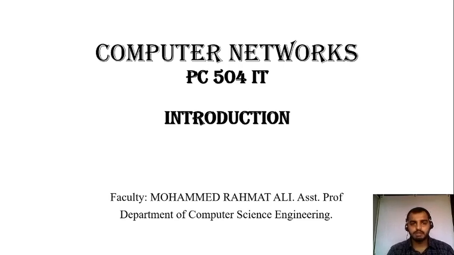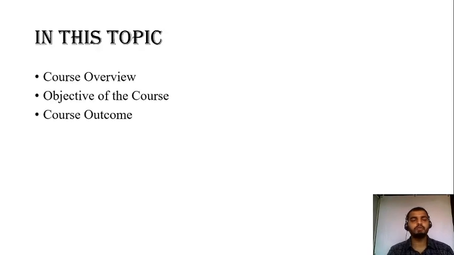Now coming to this subject, I'll be dealing with this subject for all of you. What are we going to learn in today's topic: the course overview, the objective of this course, and the course outcome. So what is the course all about? This course is all about the process of sending and receiving information. This subject is going to deal with this process, how things are communicated at different levels.